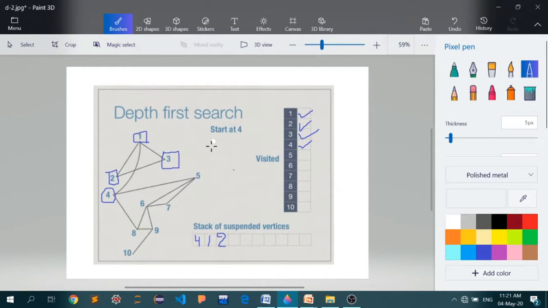So at the top of the stack, we have node number 2, for which we had suspended the exploration. So I will take out 2 first. For 2, let's see how many of its neighbors are unexplored. Node 2 has 2 neighbors, 1 and 3. From 3 we have just come back, so there is no point.